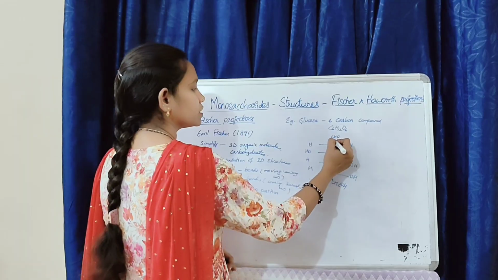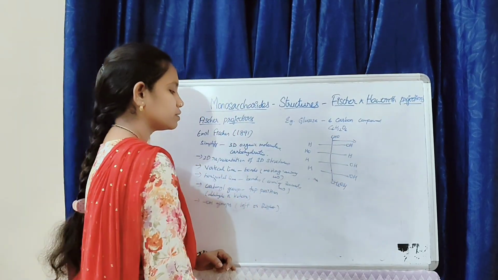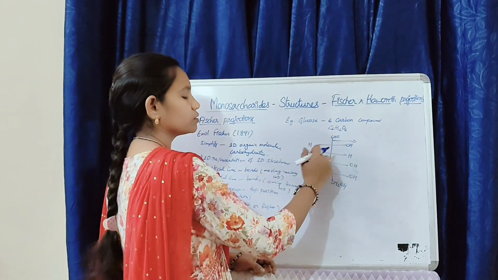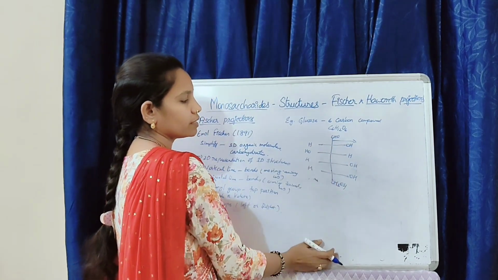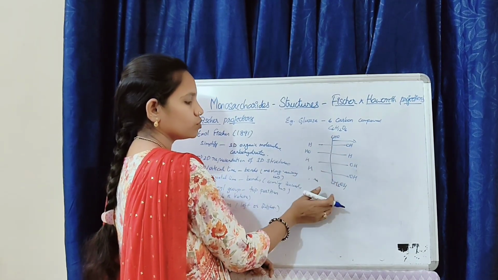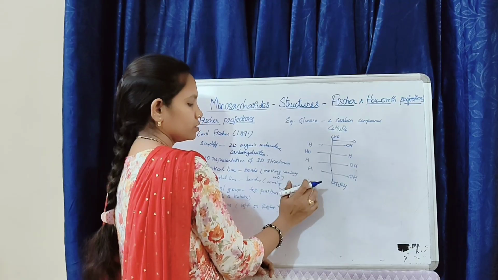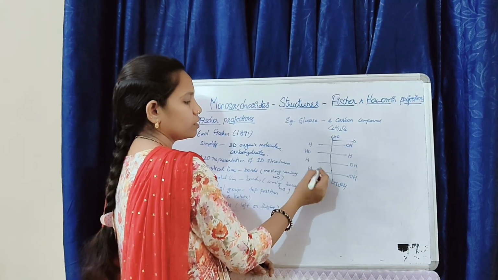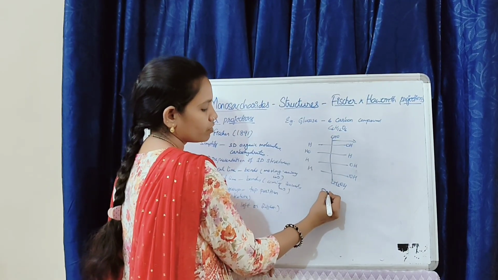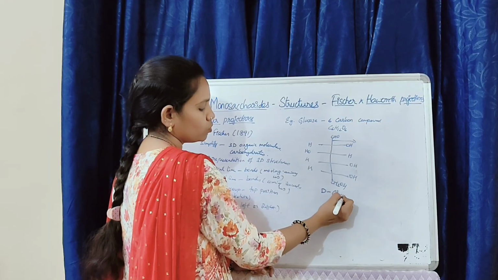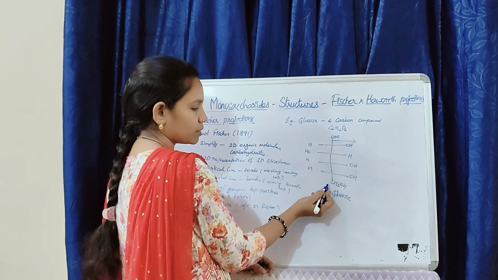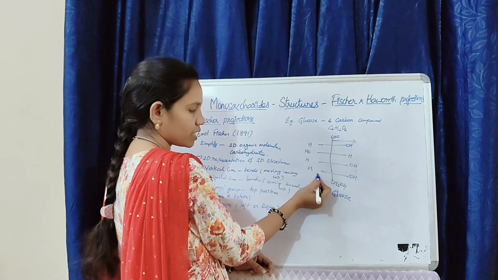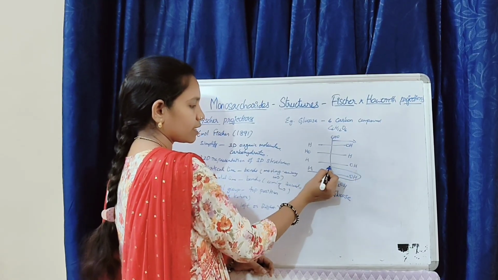So now this vertical line represents the bonds moving away from us, and this horizontal line represents the bonds coming towards us, right? Now this is the structure of D-glucose. If you see the last second carbon atom, counting from the last, this is the second carbon atom.